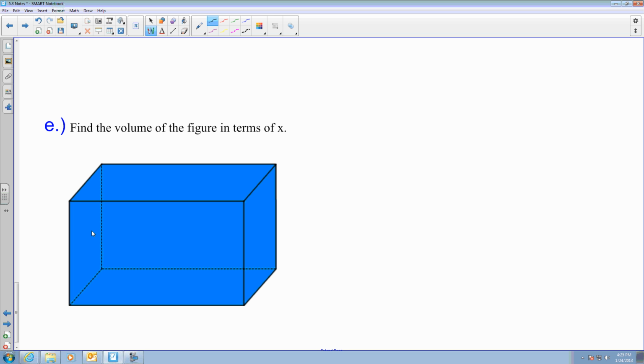Sometimes they want you to find a volume in terms of x. So let's say that my height here is x plus 2. My length is x plus 5, let's say, and my width is just x. And we know from prior knowledge, volume here is length times width times height.